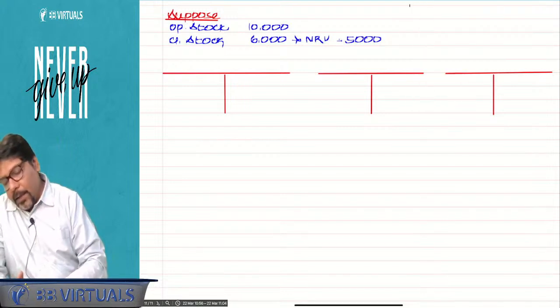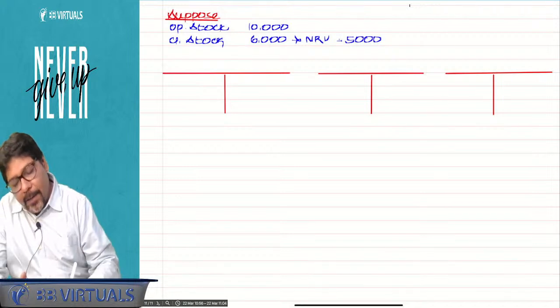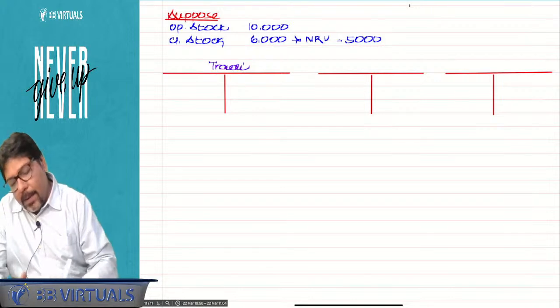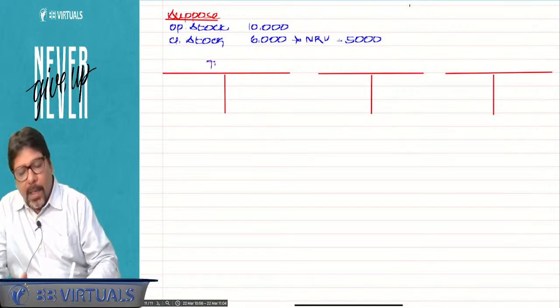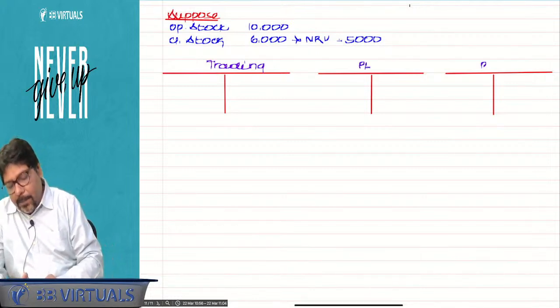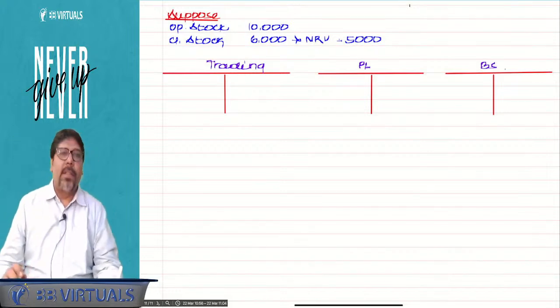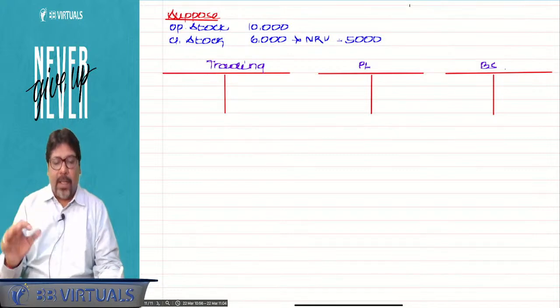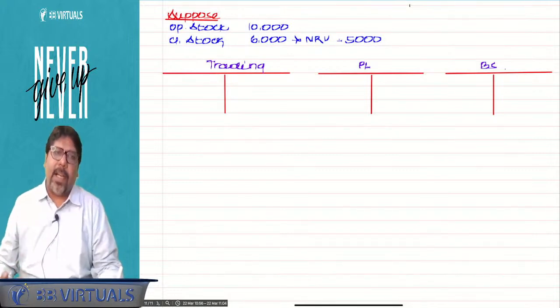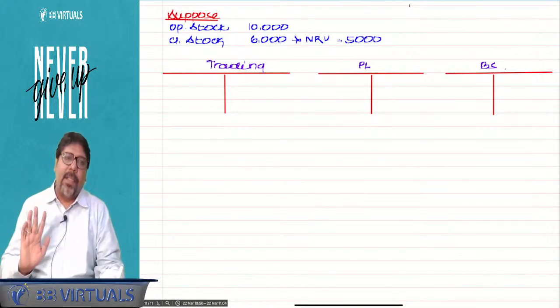Now this opening stock of 10,000, closing stock of 6,000, correct? NRV is net realizable value.